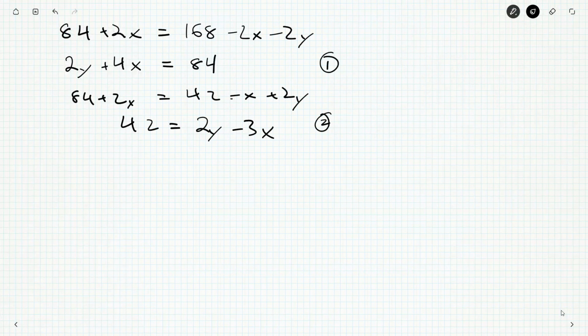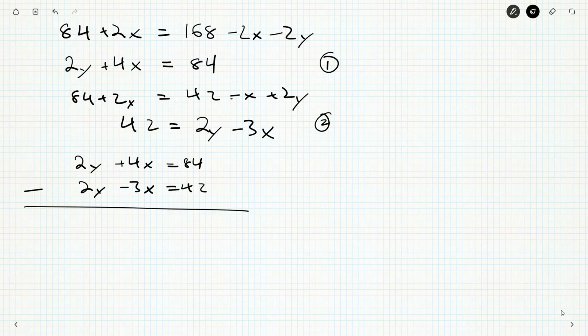Call this equation 1. Equation 2, we'll line them up properly. 2y minus 3x is equal to 42. I'm going to subtract the top equation from the bottom, get rid of these y's, and we'll be left with 4x minus 3x is 7x, and 42. X is going to be 6.